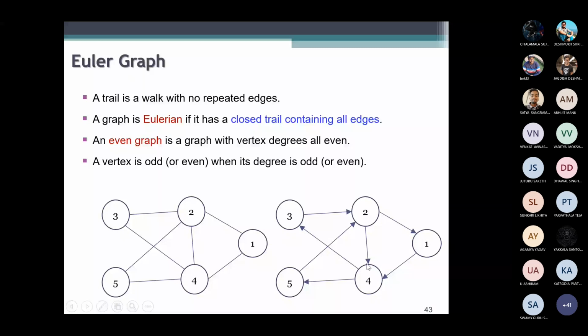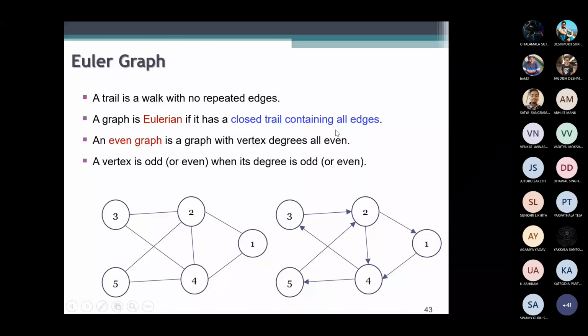Then 4 to 3, 3 to 2, again 2 is repeated, and coming back to 1. So it is a closed trail because the start vertex and end vertex are the same. It is a trail because no edge has been repeated. And it is such a closed trail which contains all the edges of the graph. So if you see here, 1 to 4, 4 to 5, 5 to 2, 2 to 4, 4 to 3, 3 to 2, 2 to 1. So a graph is Eulerian if it has a closed trail containing all the edges.